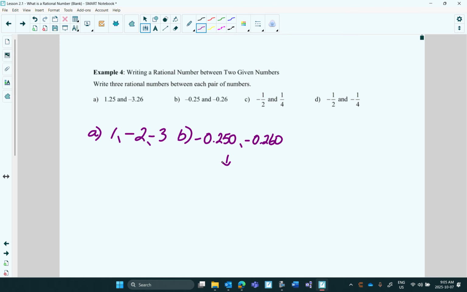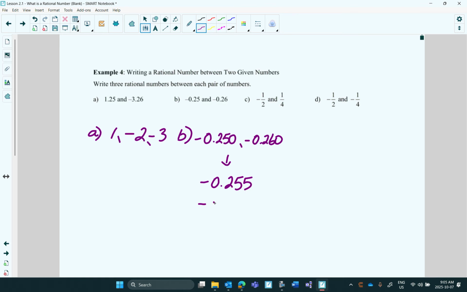So what would 3 numbers be between these? Remember, we're in the negative, so the opposite is happening. Can somebody give me one? -0.2. Yes, as long as it's between 50 and 60.